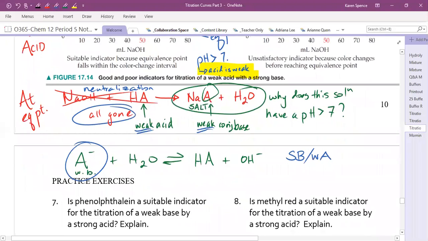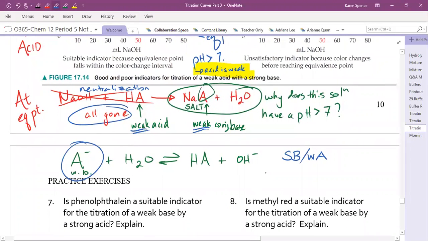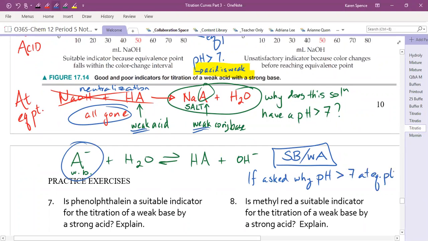So if asked why the pH is greater than 7 at the equivalence point, the answer is not because the strong base is stronger than the weak acid.